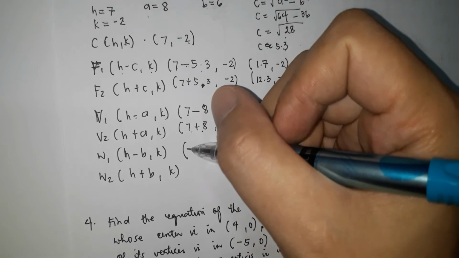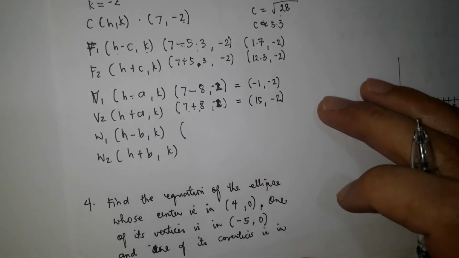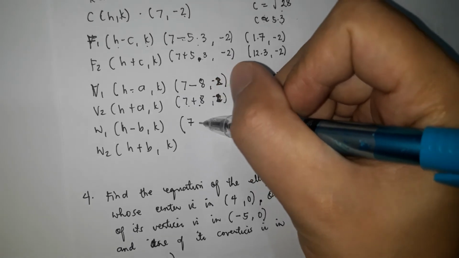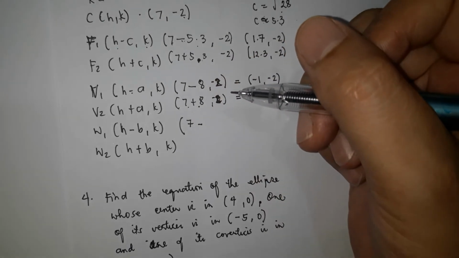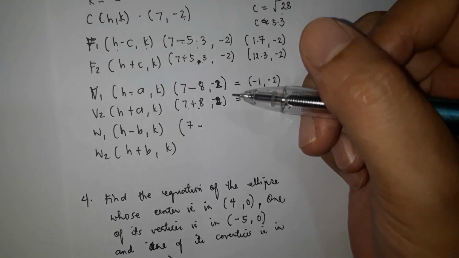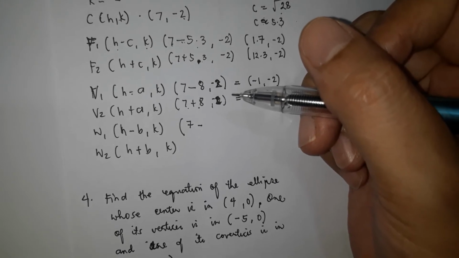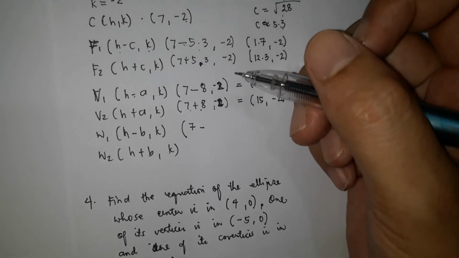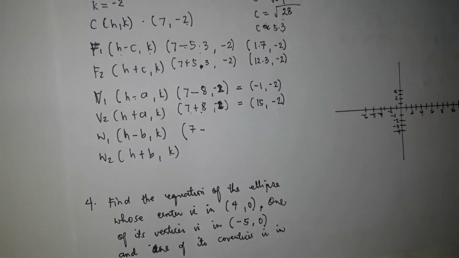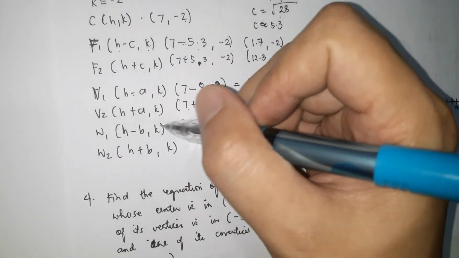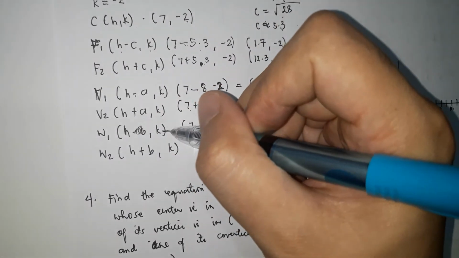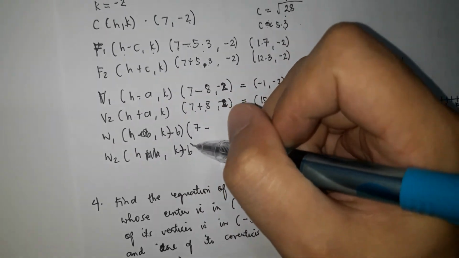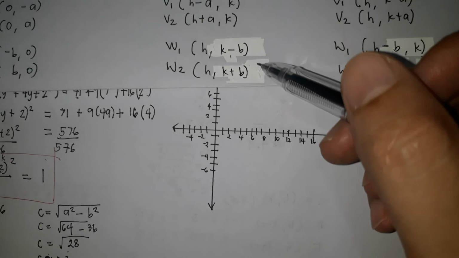This one, the covertex, H, 7 minus B, which is... wait, this is wrong. It should be K minus B and K plus B. We copied it wrong.